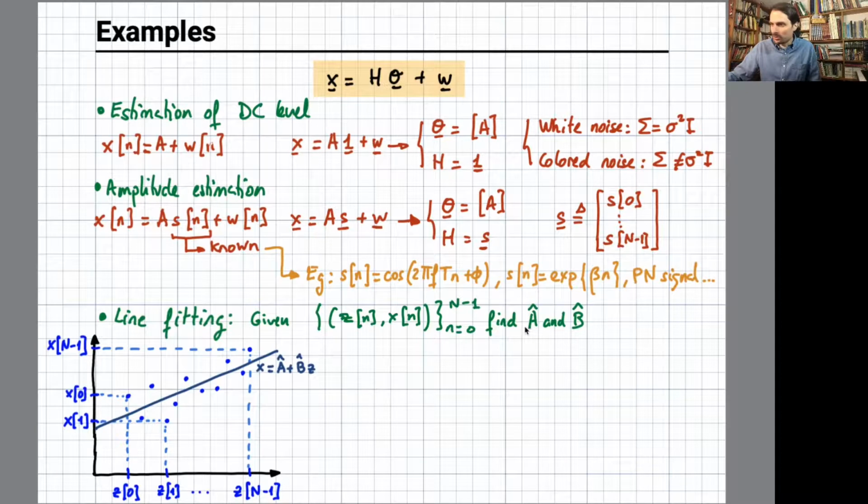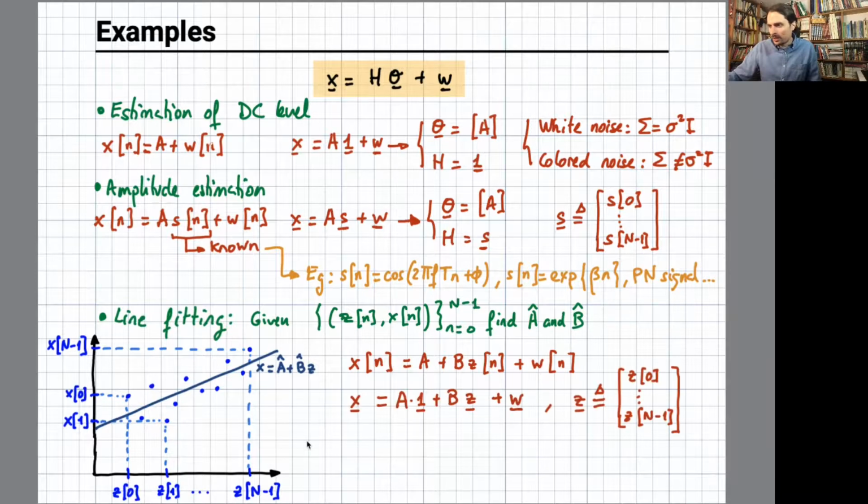So we need to find the slope and the ordinate of the line. To formalize this wish, one can postulate that the values of x are this affine function of z plus some noise. This noise accounts for the deviation from the line to the points.